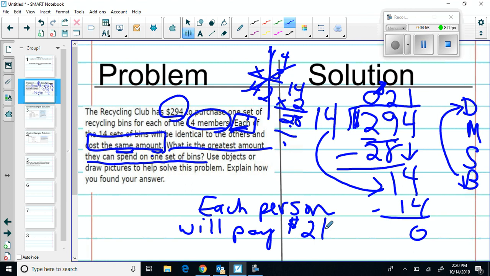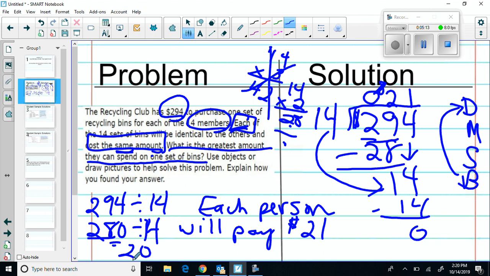To me, in my mind, that's easier. Another way that you probably could have used to figure this out is to use compatible numbers. If you have 294 and you're dividing it by 14, I know 280 is compatible with 14, and that would be 20 because 14 goes into 28 twice.